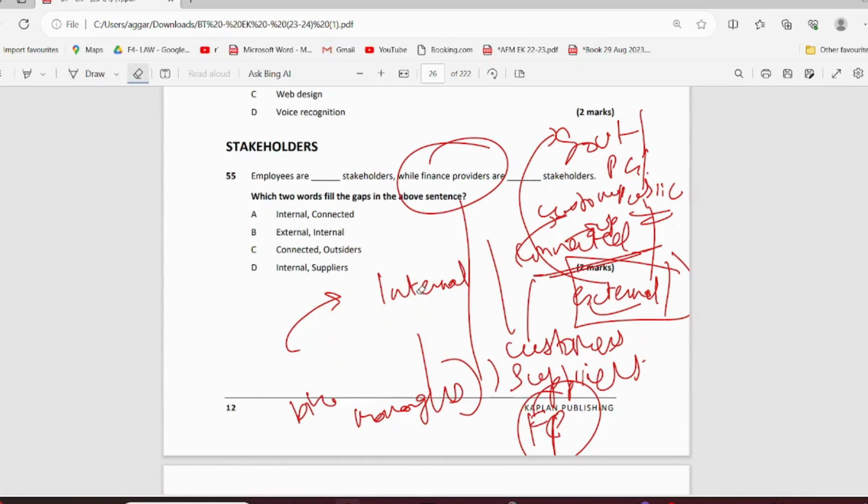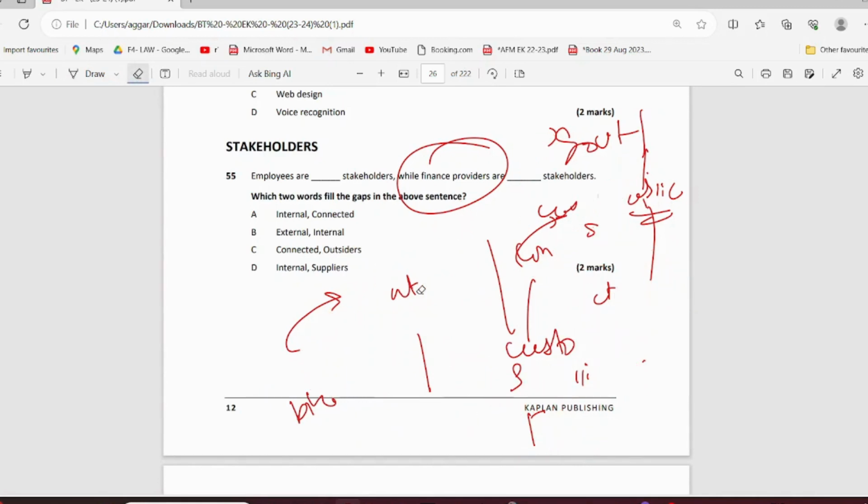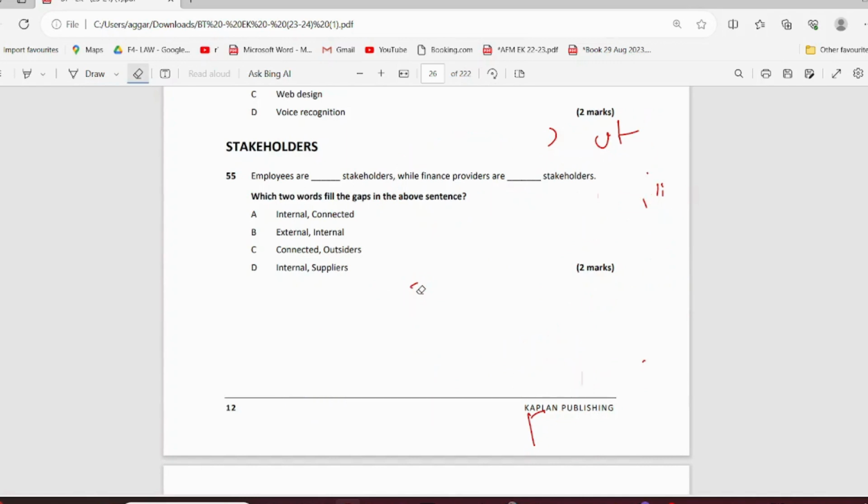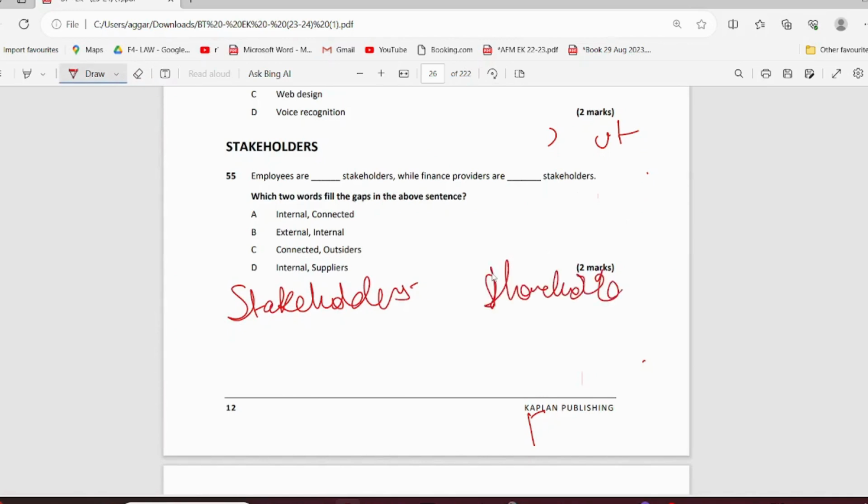Also, I have seen many people are confused between stakeholders and shareholders. Although that question is not there here, many students are confused, so that is the reason I'm explaining. Stakeholders are the wider variety of people who are affected by your company.